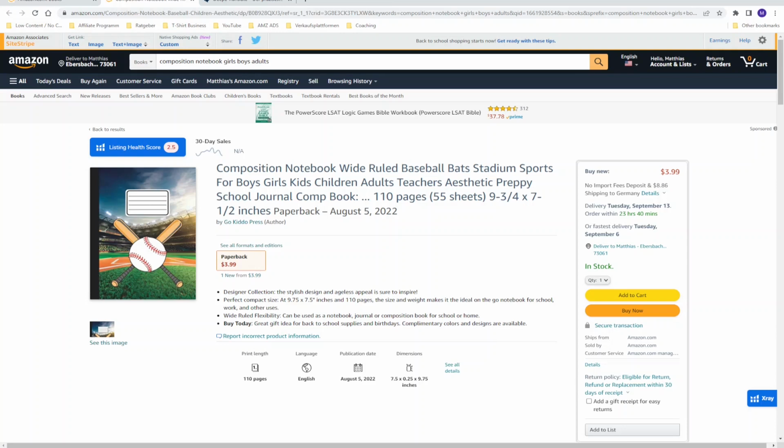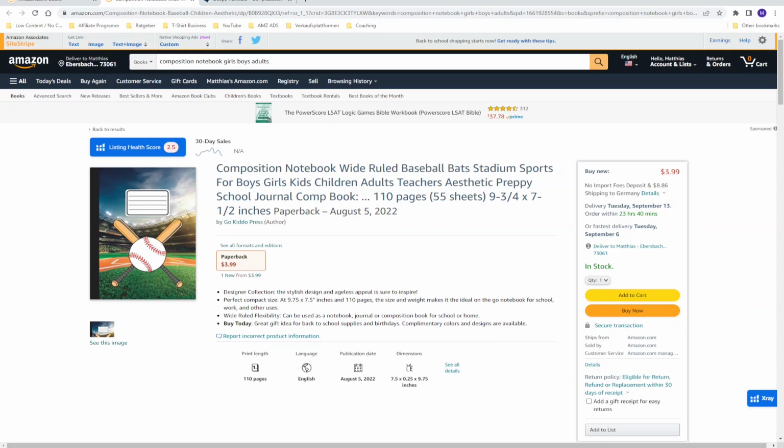So the customer gets confused and stops watching your product, scrolls down, and maybe buys another product, because in the other product, the title says it's a composition notebook for boys. You always have to make sure that you are targeting one specific person, because if you're targeting more than one, for example, girls and boys, what is your cover looking like?